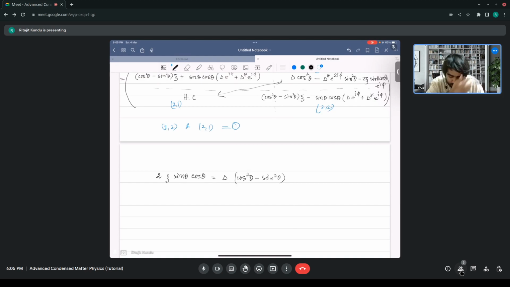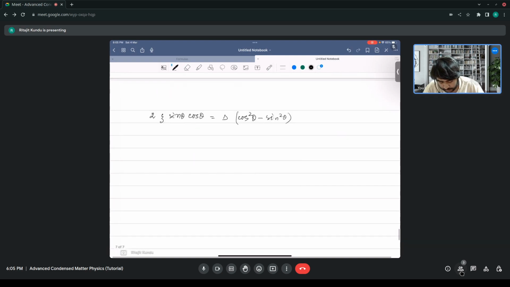All of these things are, by the way, k dependent, but I am just not writing the k now. You see that the left hand side is xi sine 2 theta, and the right hand side is delta cosine 2 theta. So this gives me tan 2 theta should be delta by xi.